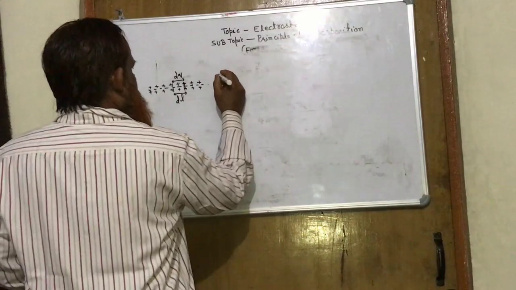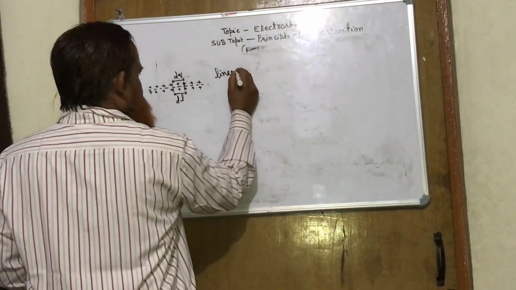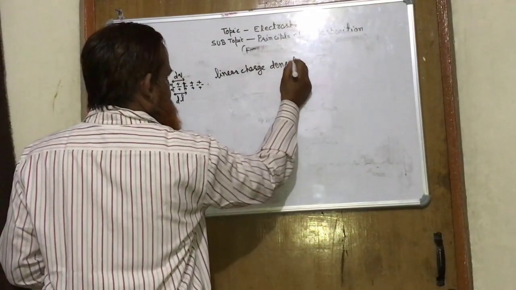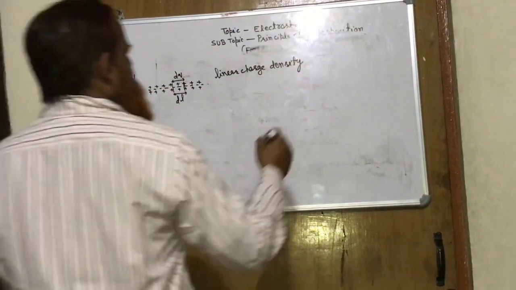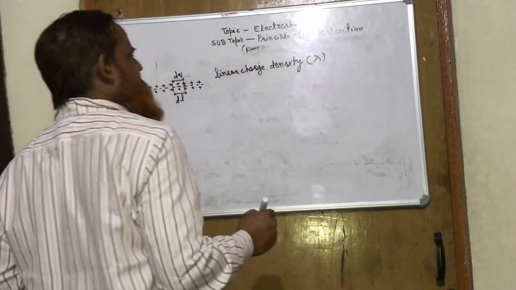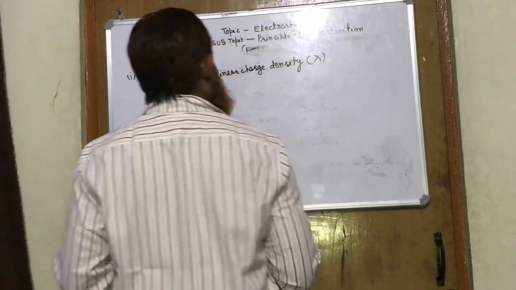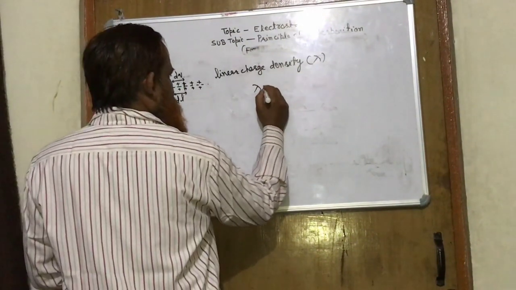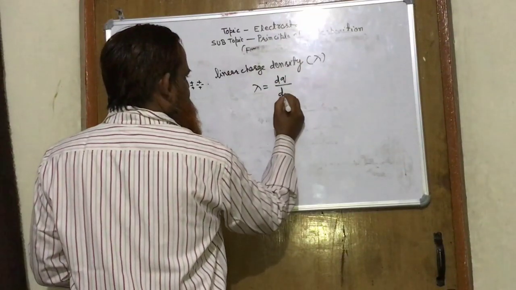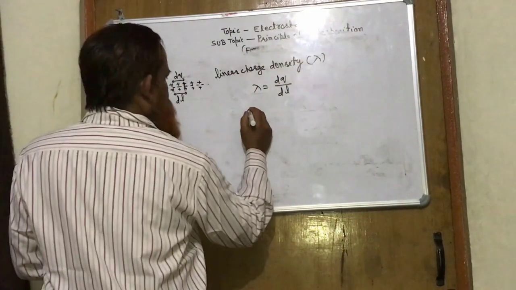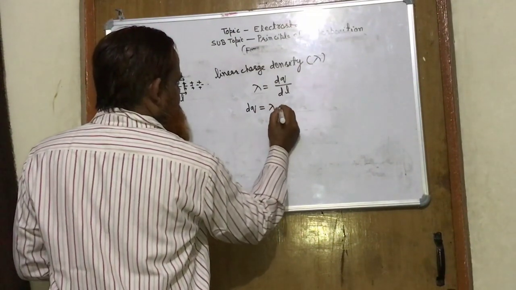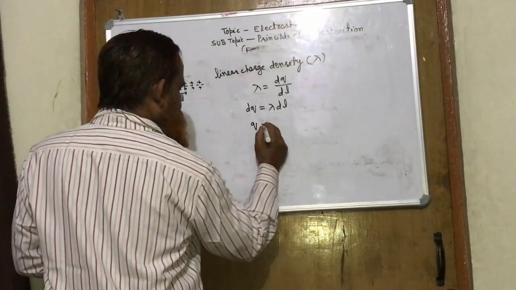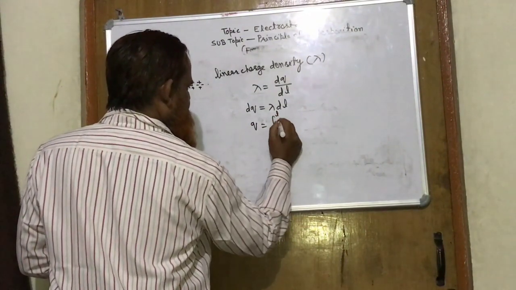The linear charge density, denoted by lambda, is defined as the charge per unit length: lambda is equal to dq by dl, or dq is equal to lambda dl. So to find the total charge, Q is equal to the integral from 0 to L of lambda dl.